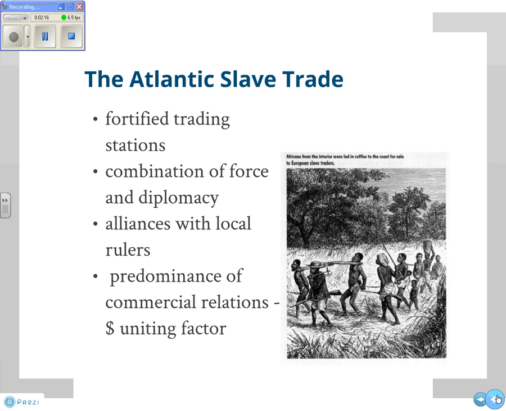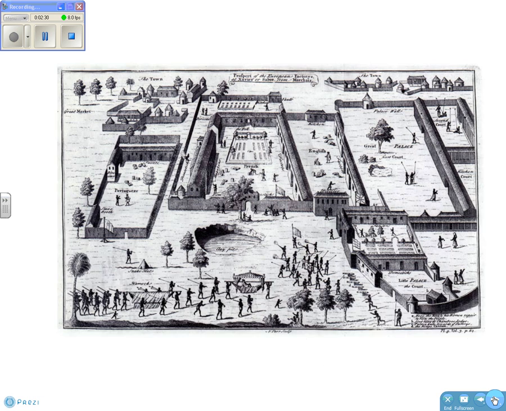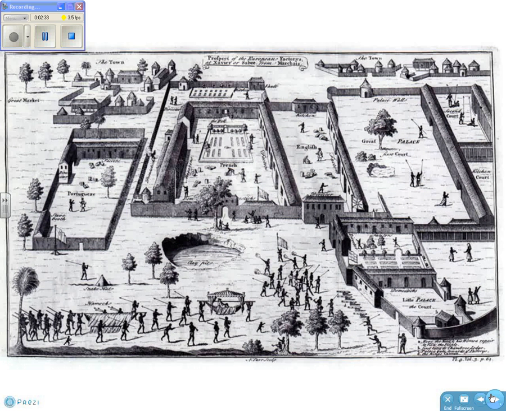Okay, next up, the Atlantic slave trade. What was the pattern of slave trade which the Portuguese established? First off, they established fortified trading stations. Let me show you a picture of one of those. They did not like to stay in Africa very long. It's too hot, there's malaria.